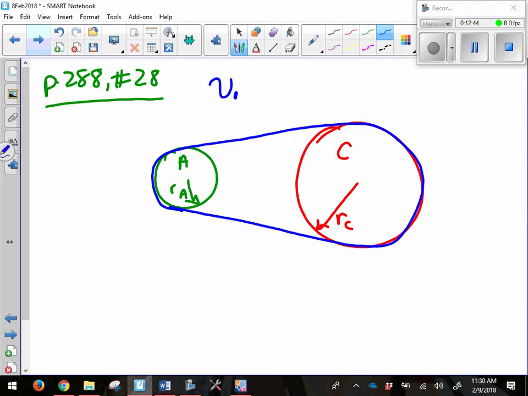So that tells you that VA at the radius, out here, has to be equal to VC at its outer rim too. Because I could have a linear speed anywhere. I could have a linear speed at R over 2. I could have a linear speed at 0.1 R. It does make sense because the belt is one thing that's moving and it's got to move together.